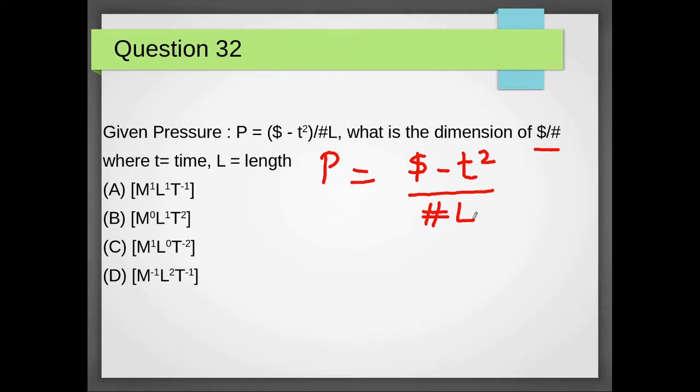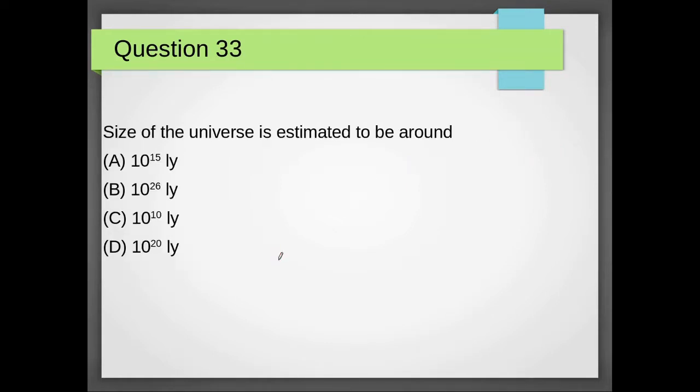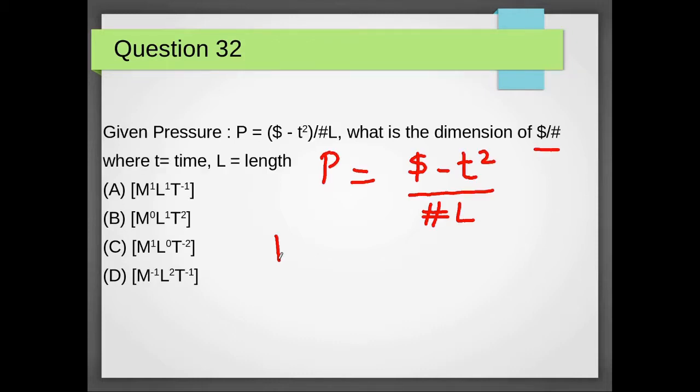So I rearrange this equation by taking L to the left hand side to get PL equals α by β minus t square by β.